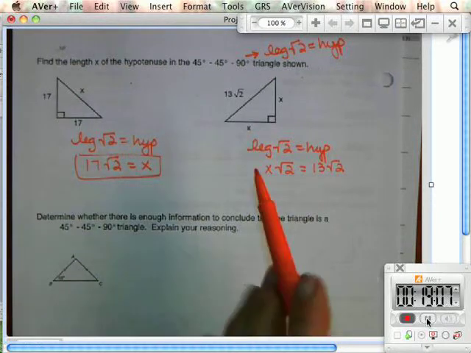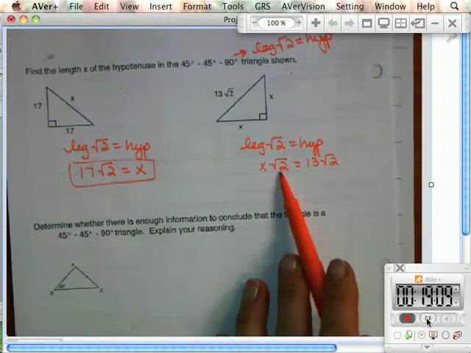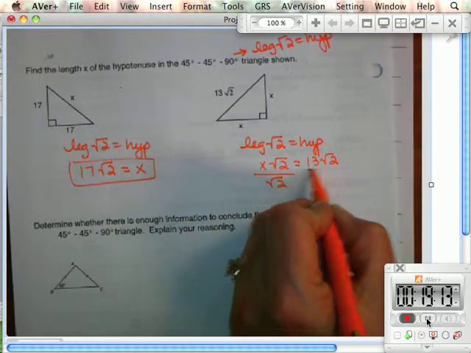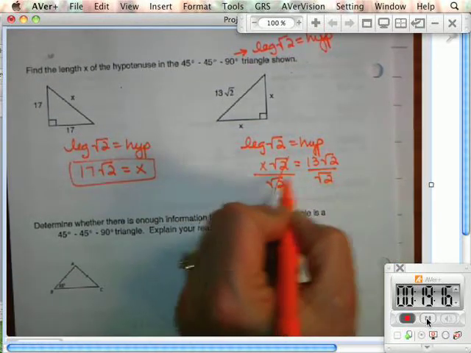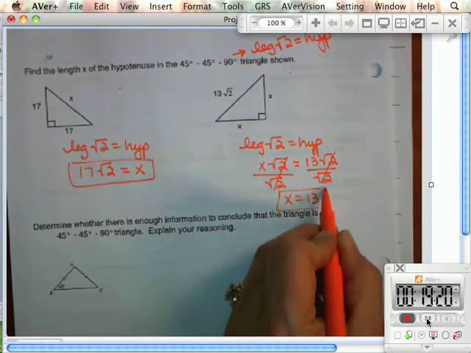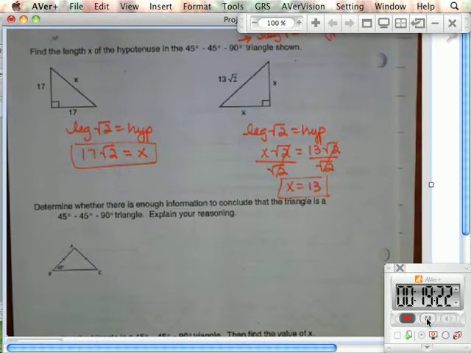This is times, so what would I do? Divide. Watch what happens. It's pretty neat. Divide by the square root of 2. Cancel, cancel. X equals 13. Would you look at that? X equals 13. Easy enough, yes?